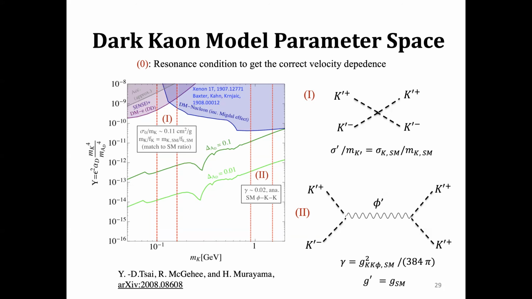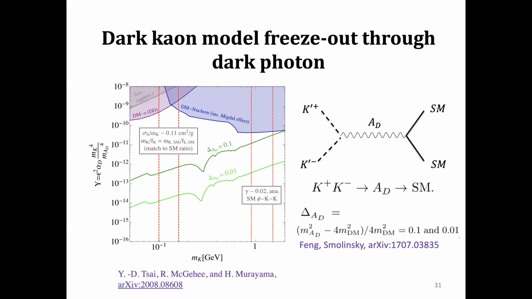Sorry, I clicked the wrong thing. So this is quantifying the mass. The dark photon mass actually also needs to be quite on resonance to avoid the bound, because if it's not on resonance, it will already be ruled out by a lot of this direct detection, like DM nucleon scattering or DM electron.